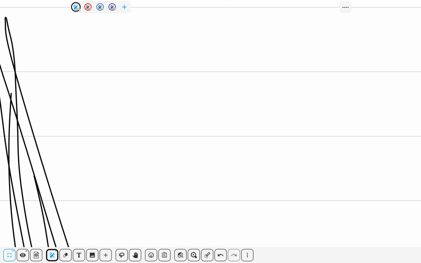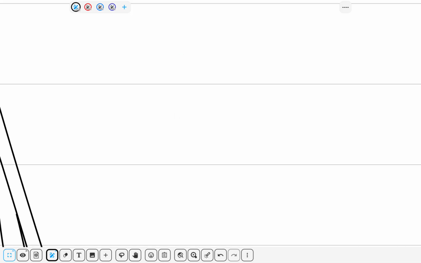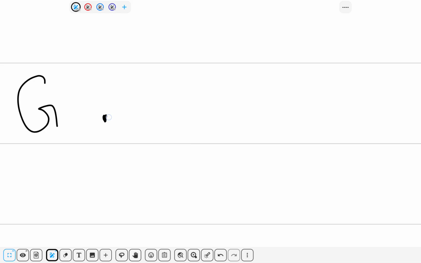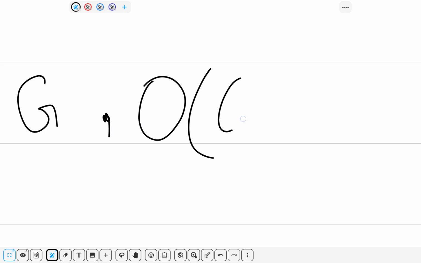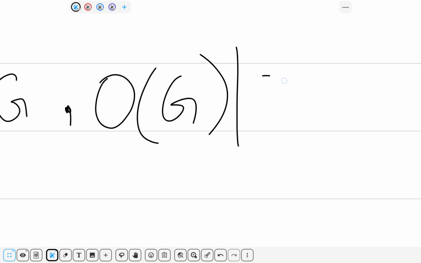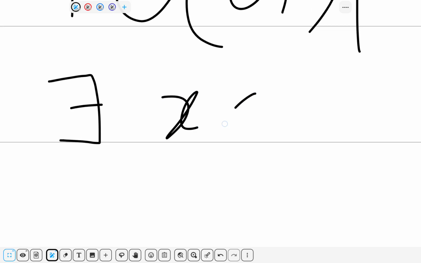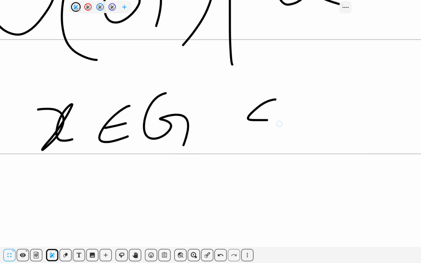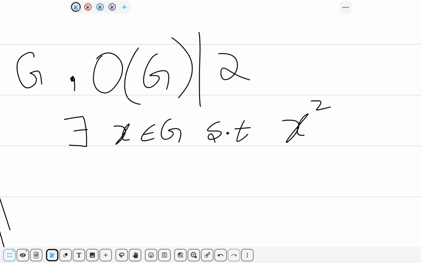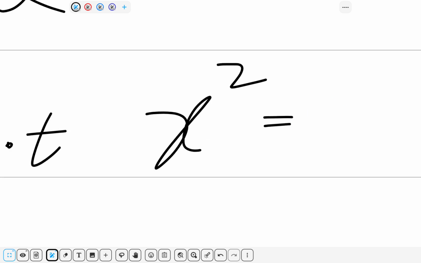There was this nice problem. If anybody can answer, I don't know if anybody even watches this. If you have a finite group, and you find that the number of elements in this group is even, then you have to show that there exists at least one element x in G such that when you operate it on itself, it gives you the identity.